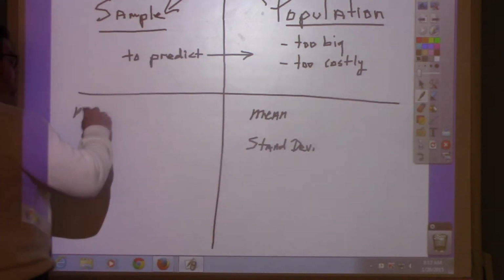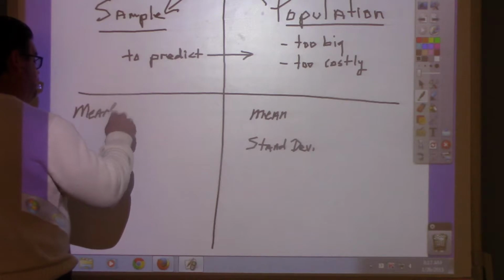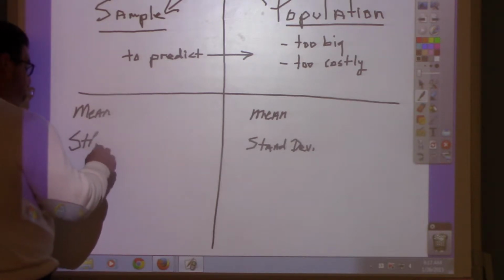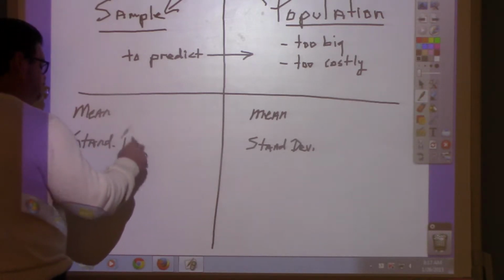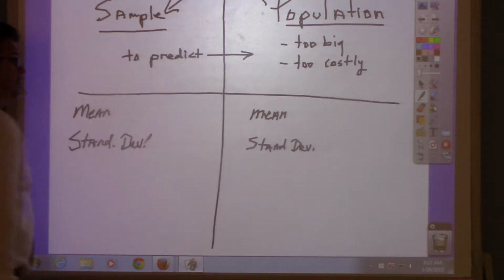Over here, the same thing. Okay, they're the same formulas. Just about the same formulas. Except, when you're dealing with a sample, you're going to be using what?